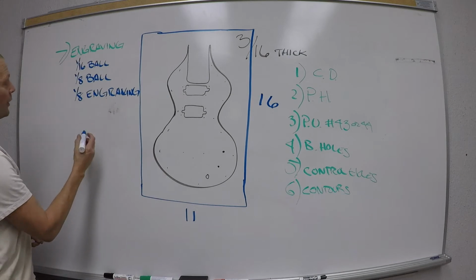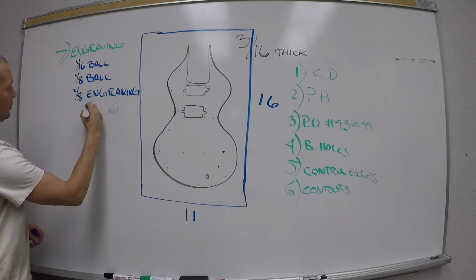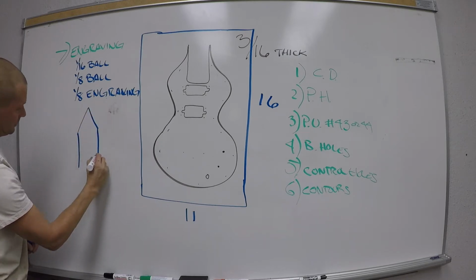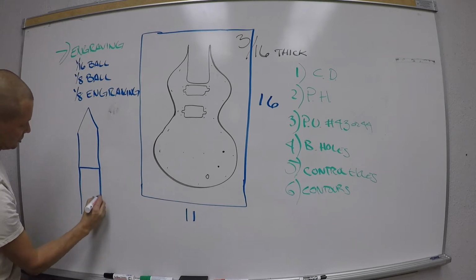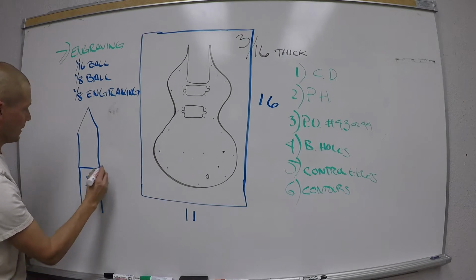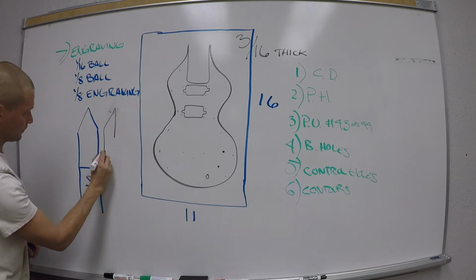But an engraving tool is actually, I'm going to draw it in two views. So the front looks like this, and then here's the shank, and this is round, so this is the shank. The side view actually looks like this.